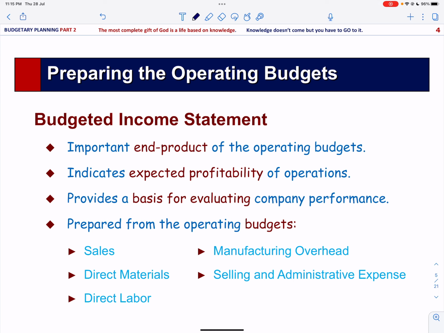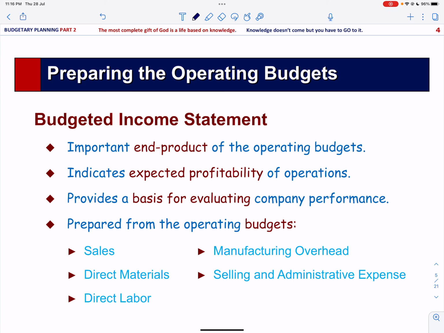It's a planning tool many companies create at the beginning of the fiscal year as they develop and finalize their annual budgets. It is an important end product of the operating budgets. It indicates the expected profitability of operations for the budget period. It provides the basis for evaluating company performance.